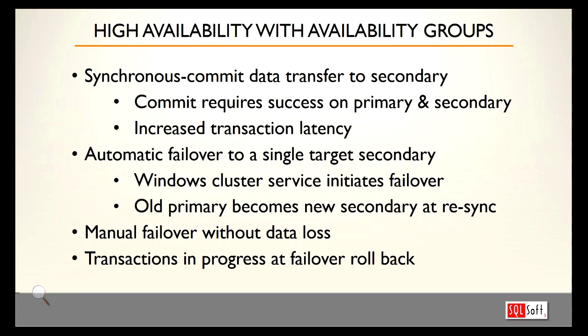So the old synchronous write secondary is the new primary, and if you fix your old primary, whatever was wrong with that, and reattach it to the availability group, it will resync, and now your old primary is the new secondary, your old secondary is the new primary. You can fail it back at that point if you wish. If, for example, your old primary has a lot more resource available than the new primary, and you want to make that available to your users, then you could fail it back.